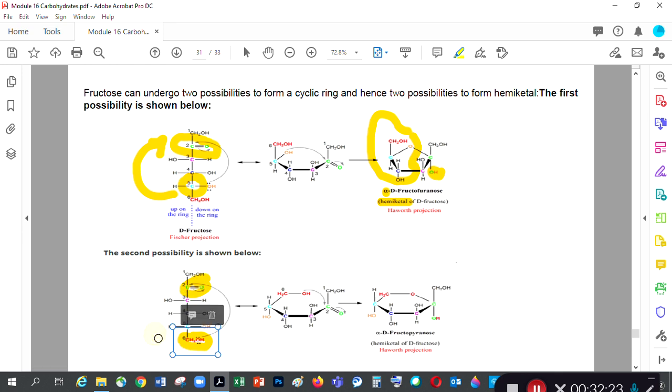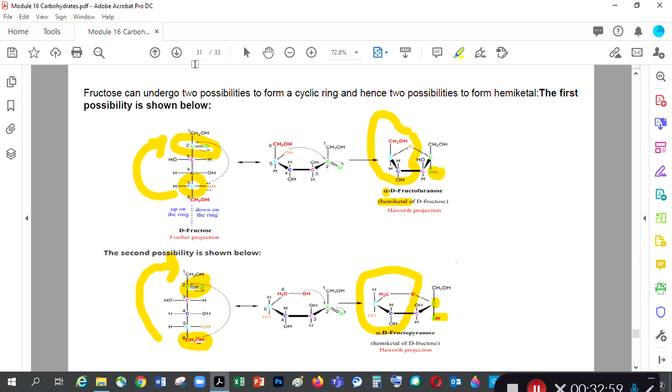So 6 to 2. When doing this, carbon 6 connected to 2, you get the same thing here. The OH is at the bottom, that's alpha, but you get a 6-member ring out of fructose. So fructose can have 5-member rings and 6-member rings, and both are hemiketal. Why? Because you have this number 1 here connected to the OH at the bottom and the OR of the molecule.